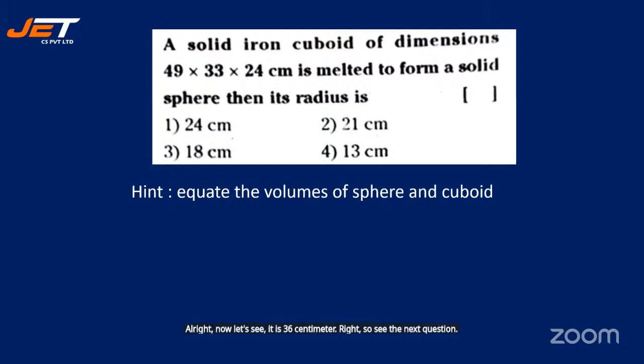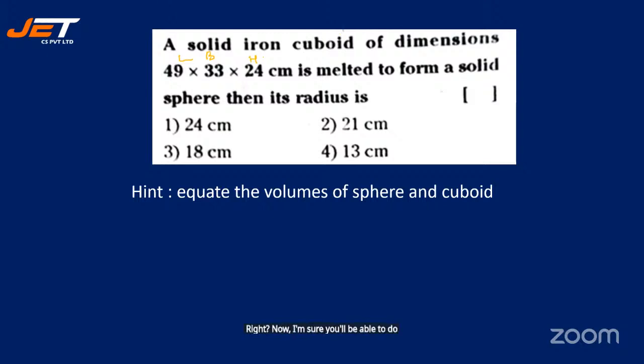A solid iron cuboid of dimensions 49 into 39 into 24 centimeter is melted to form a solid sphere, then its radius is dash. So you have to equate the volume of the sphere and cuboid. Okay. So length into breadth into height is given. Right now, I'm sure you'll be able to do this.